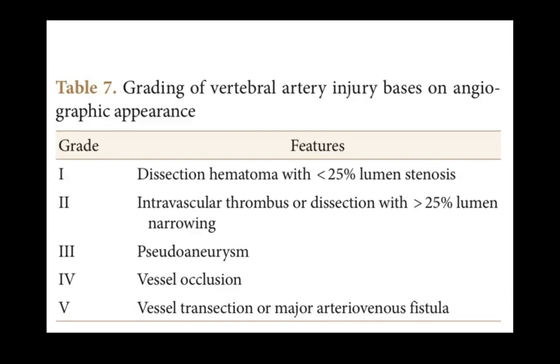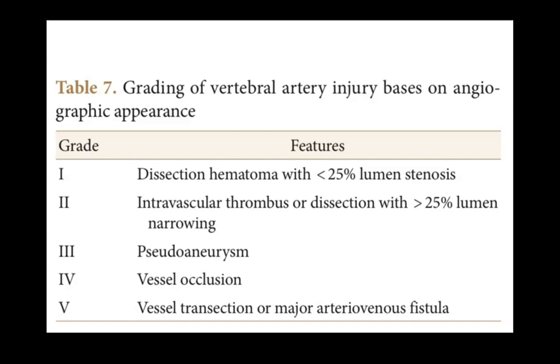Angiographic grading. There is now a grading for traumatic vertebral injury. And we are concentrating on the vertebral because it is the artery concerning us in cervical injuries. Yes, the carotid can be injured in cervical injury, but less commonly. Why? Because the vertebral artery is inside the foramina transversaria, inside bone, in this region. Fracture of the bone can extend to the artery.